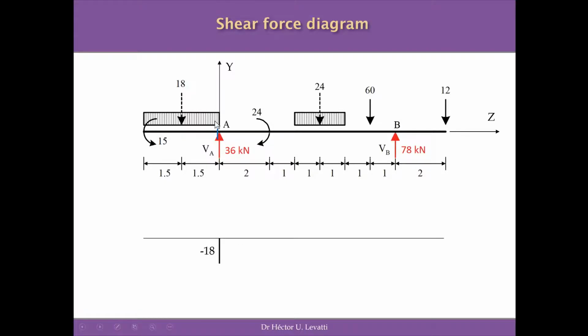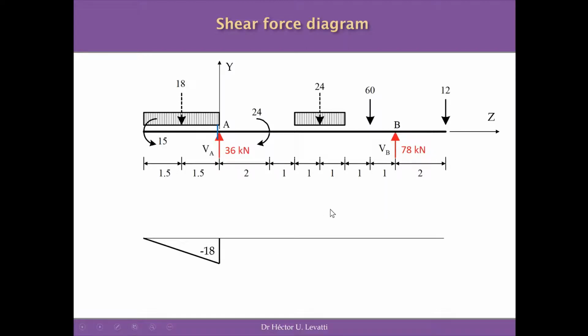Because we know that there is a UDL, and we know that the variation of the shear force is linear under UDLs, and because we know as well that at this start point of the structure the shear force is equal to 0, because if you check the left side of the structure, there is nothing producing shear forces, we can establish the variation from 0 to minus 18 after the analysis of the shear force at this cross section in blue. So this is the first part of the shear force diagram.